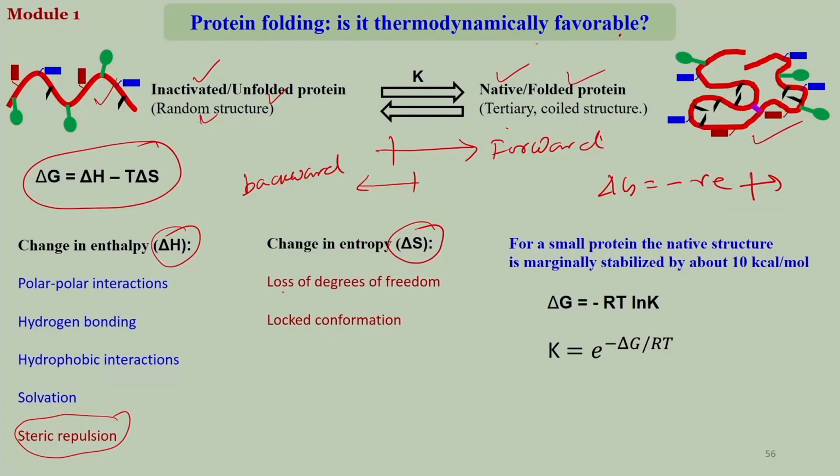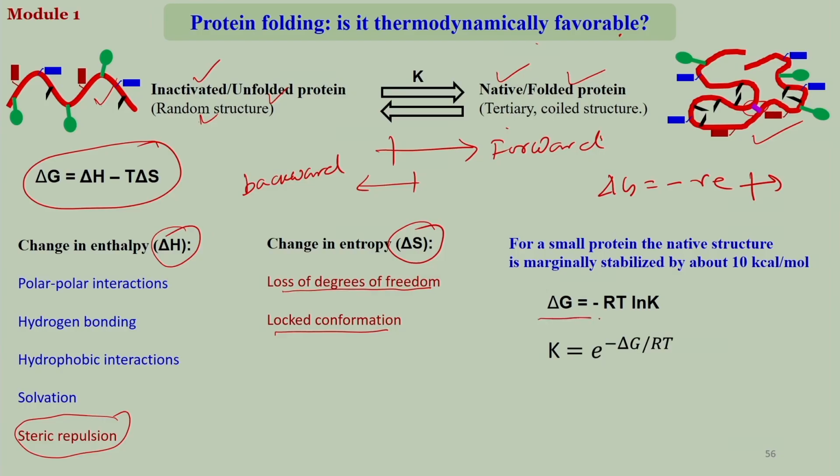In a locked tertiary structure, obviously the degrees of freedom are restricted because of different kinds of bonds and bonding interactions, as compared to the flexible helical structure or beta sheet conformations or even the primary structures, which can assume random conformation. So, the change of entropy is a loss of degrees of freedom for the folded structure. So, it is an unfavorable conformation. And the locked conformation, because of the disulfide bond here, is restricted, the protein cannot move. So, entropically it is not a favorable process, but enthalpy wise it is a favorable process.